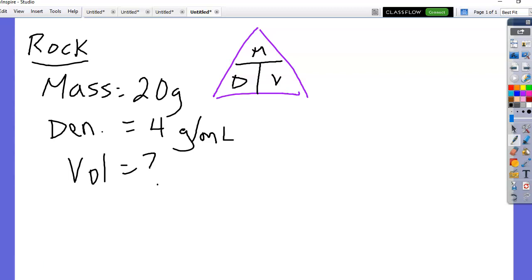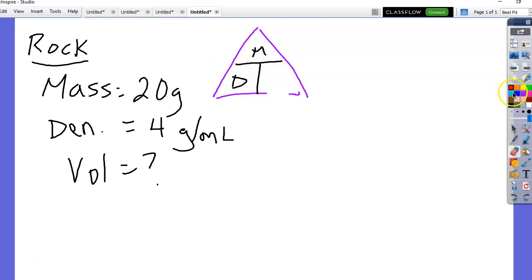On your reference table, they just give you D equals M divided by V. So how would you know what equation to use to solve for volume? Well, you would use your triangle right here. You would take your thumb or a piece of paper and cover up the V, since you're looking for volume. What are you left with?